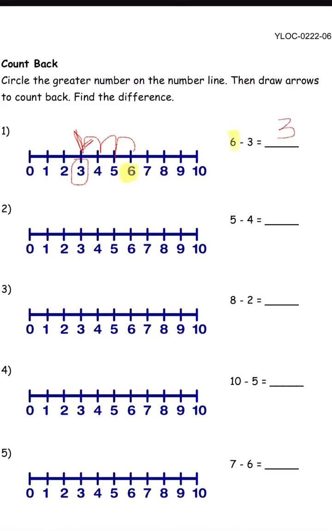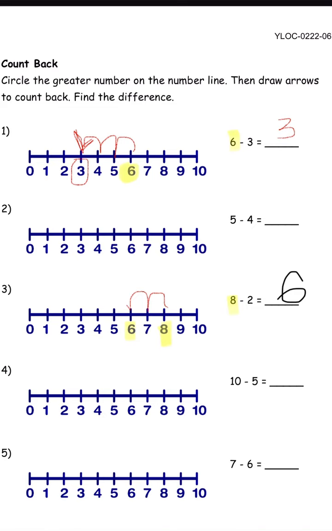Now, let's try number 3. Number 3, we have 8 minus 2. So we start with 8. 8 is over here. And we subtract 2. We count back 2. So we do 1, 2. And we ended up at 6. So the answer is 6. Now let's try one more.